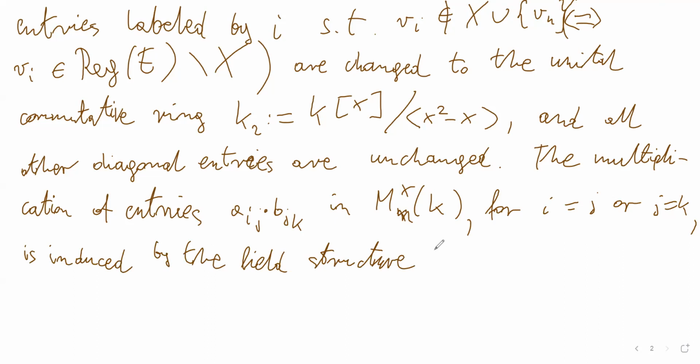Sorry, at which we do modification. So for instance, an element of X or the sink. So then it's just the field structure of K, which is multiplication.